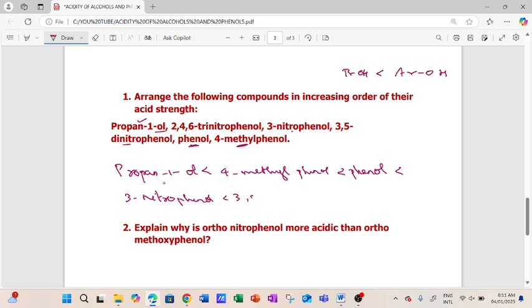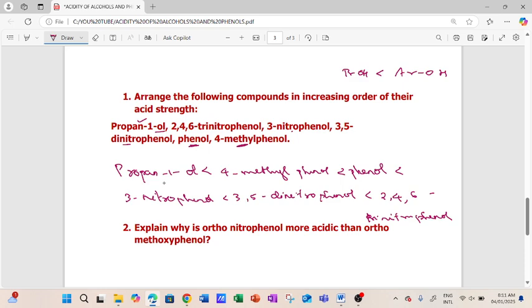Then 3,5-dinitro. There are two nitro groups. Electron withdrawing groups increase the acidic character, and because of the increased number of that group, the acidic character increases again. So the most acidic among these is 2,4,6 trinitrophenol. Got it. So this is the normal pattern of asking questions from this section.